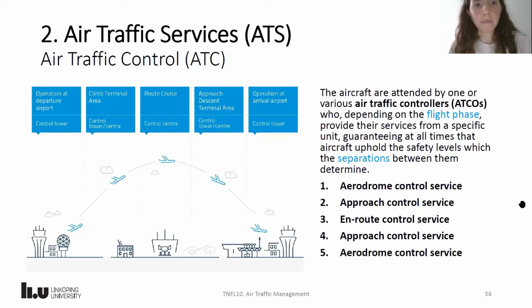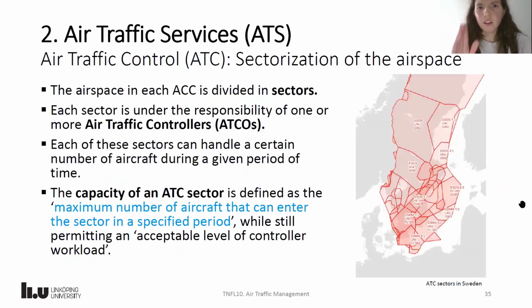So basically the ATC is responsible for separation and for making sure that the aircraft load is perfectly fine. But because there are different air traffic situations, there might be more demand in one airspace than another, or a different situation may arise.